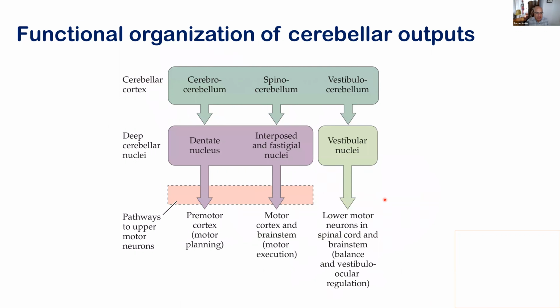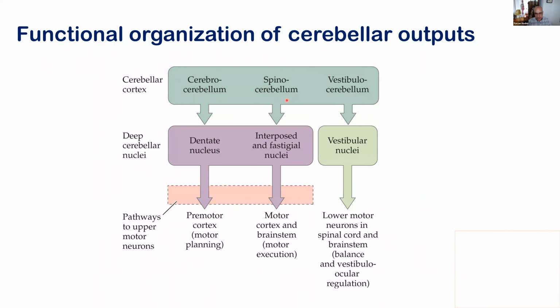Okay. So in terms of the outputs of the cerebellum, the cerebrocerebellum projects to the dentate nucleus. So that part of the cerebellum, the cerebellar cortex, projects to the dentate nucleus, which is the output, which then projects out and eventually ends at the motor cortex, which does motor planning.